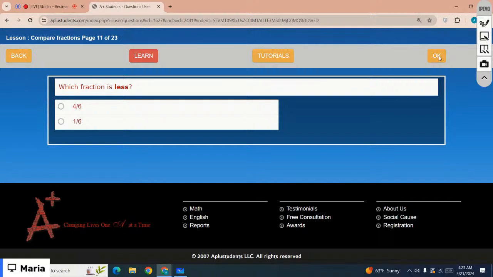Which fraction is less? Which is the correct option?